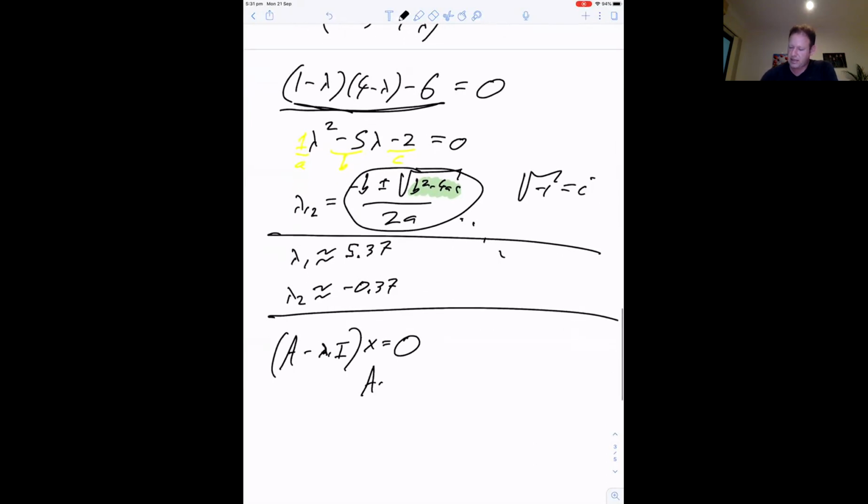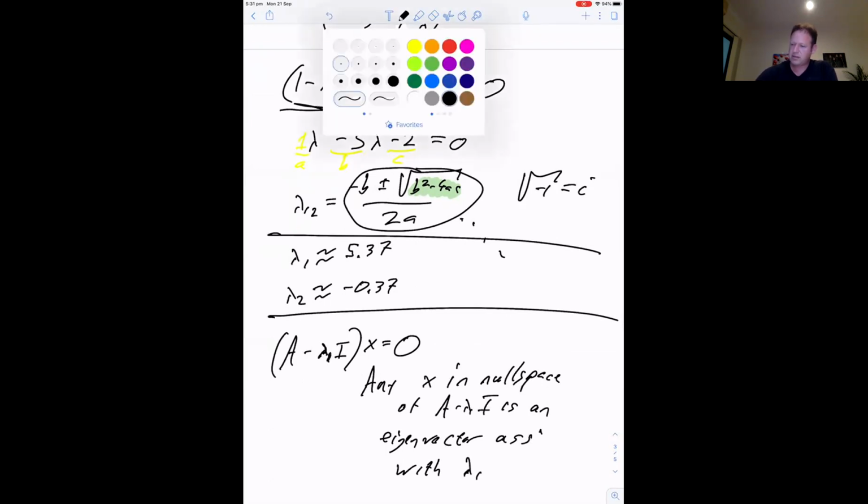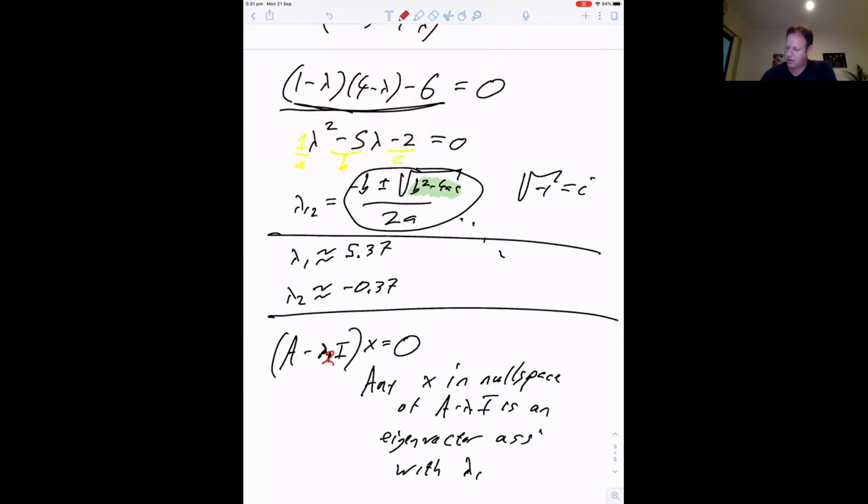So any x in the null space of A minus lambda 1 I is an eigenvector associated with lambda 1, okay? And similarly, if you would have stuck lambda 2 here, then it's associated with lambda 2. Okay, and that's how you get the eigenvectors. And we won't worry about that a whole lot, okay?